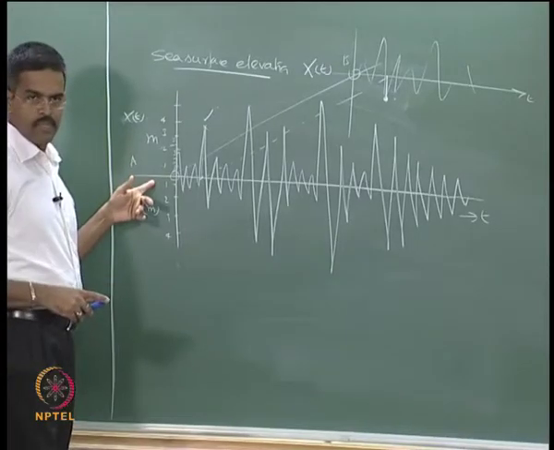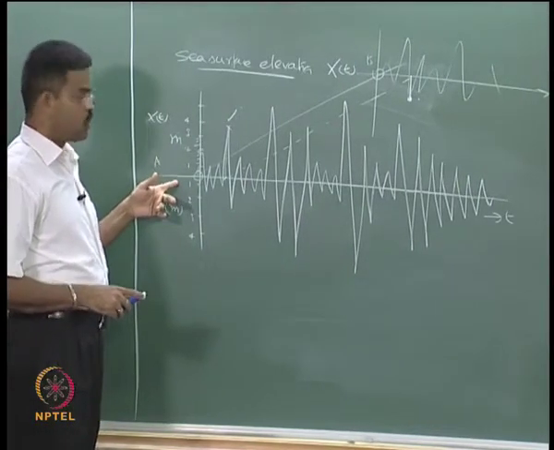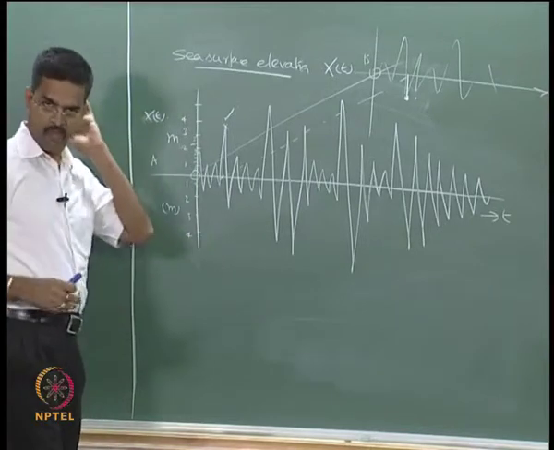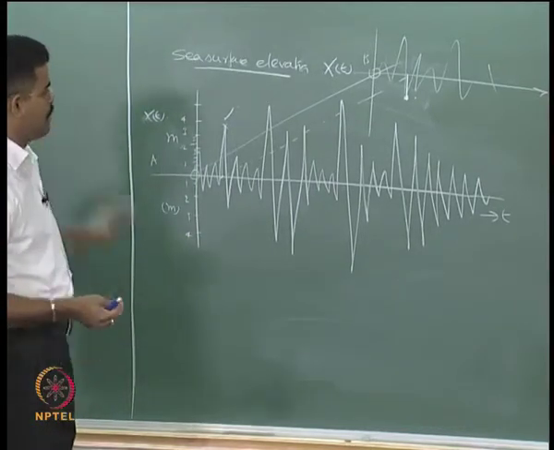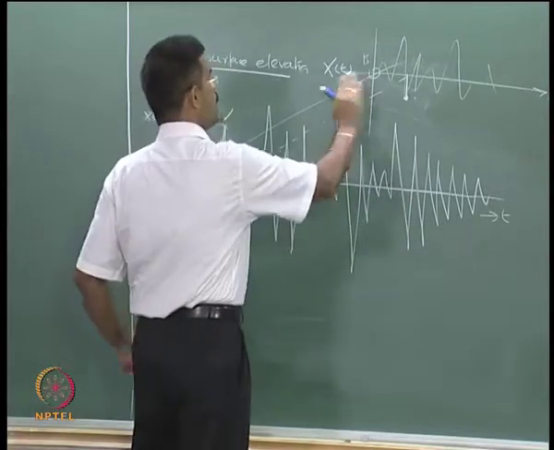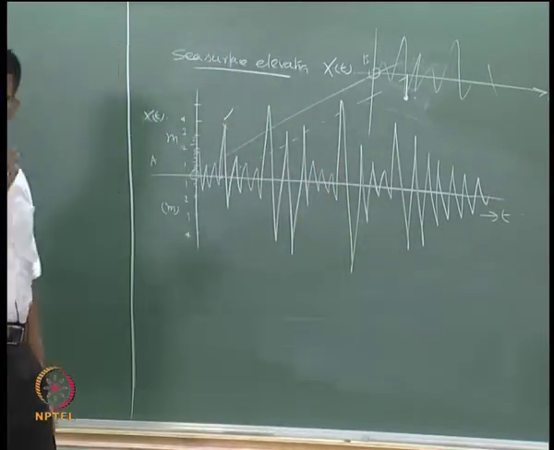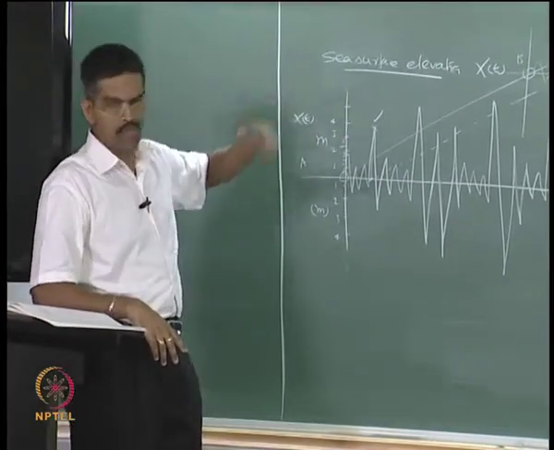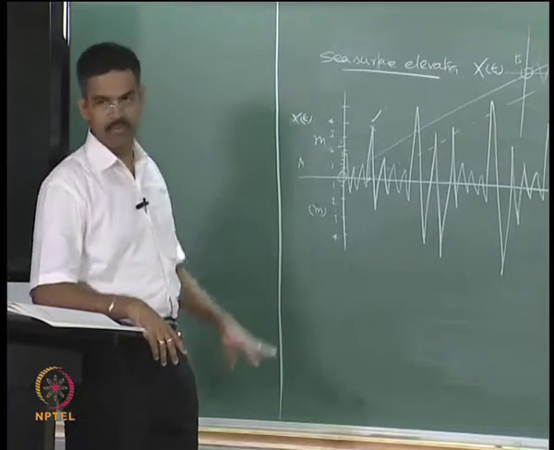A is observing at one part of the coast and he is trying to measure the sea surface elevation by some technique, maybe by visual observation, maybe by using a wave probe, maybe by using a satellite, and he is trying to plot. B is standing at another location on the coast somewhere else and he is trying to measure or visualize the sea surface elevation, which is fluctuating the same as A is observing.